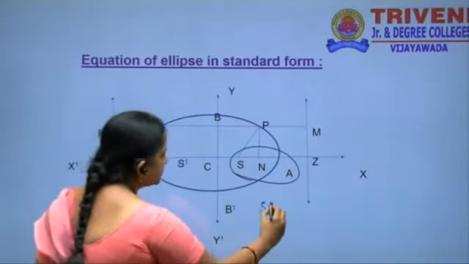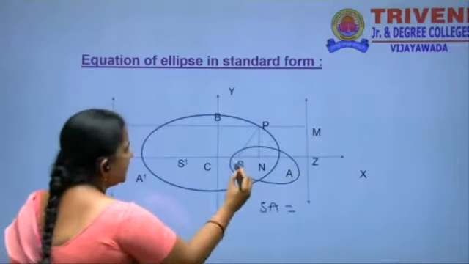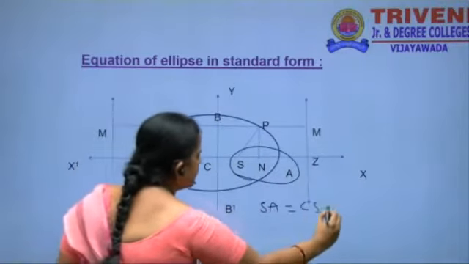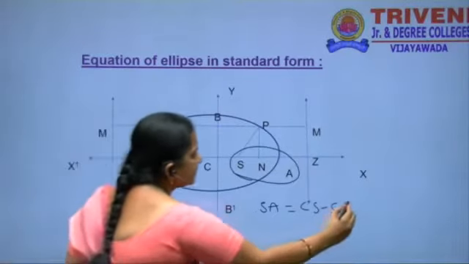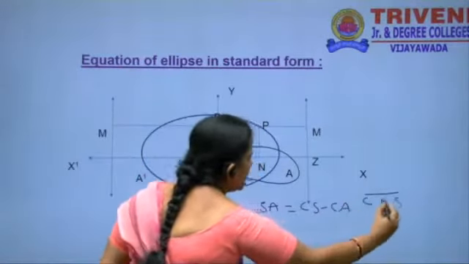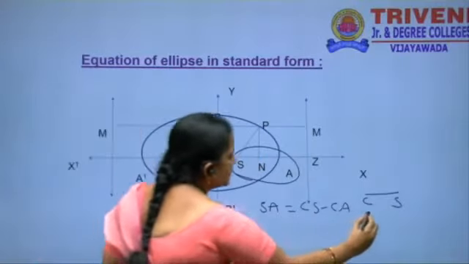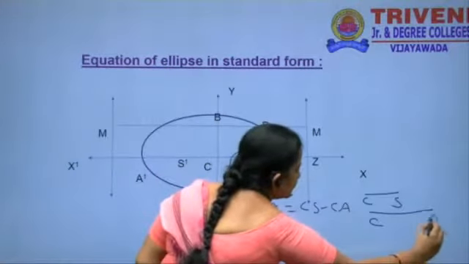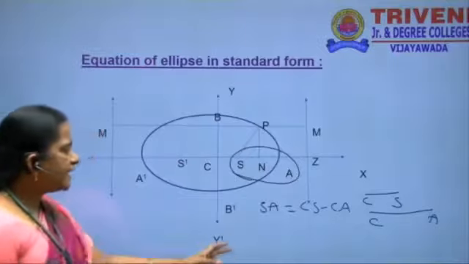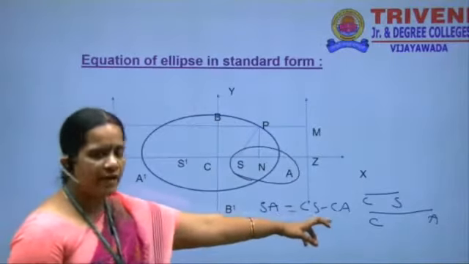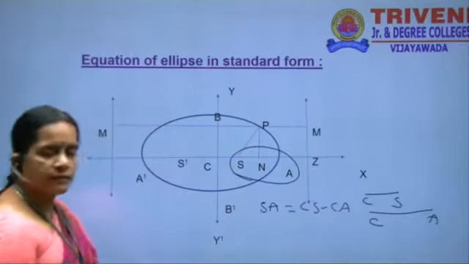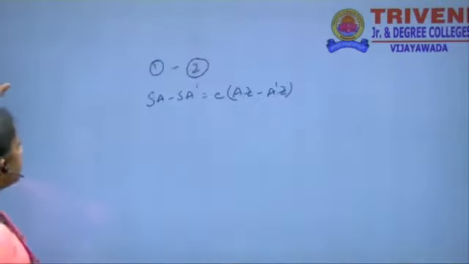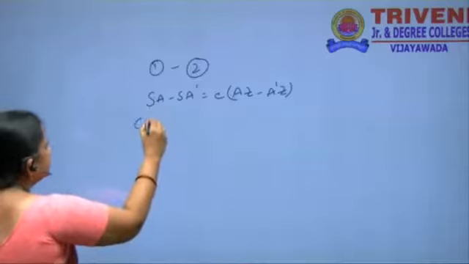SA is CS minus CA. CS is here like this and CA here like this. Then we have to find the value of SA here. CS minus CA, that's why I am writing here in place of SA.